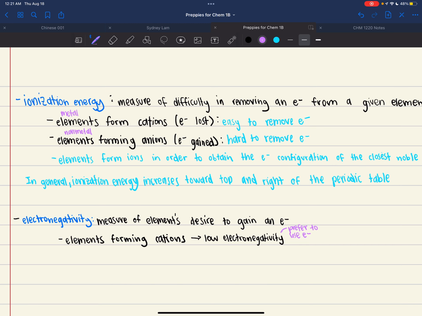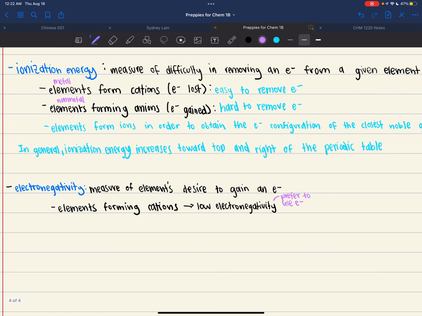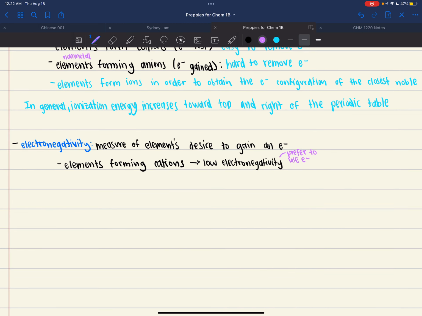They want to lose electrons in order to obtain the electron configuration of the closest noble gas, which is ideal for them. So they would not want to gain an electron. They don't have a desire for it.